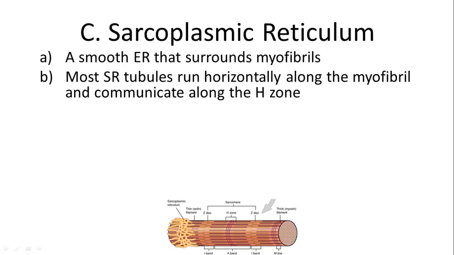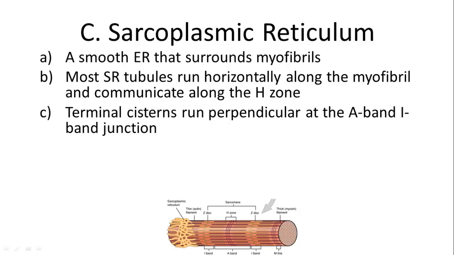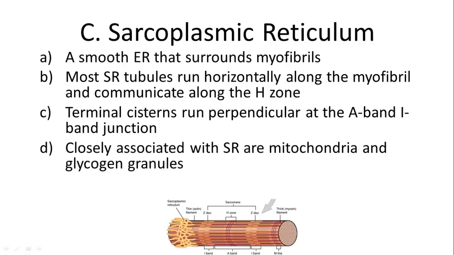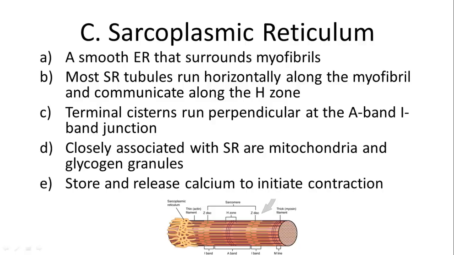But there are sections which are thickened, called the terminal cisterns, and they run perpendicular, so they are running up and down. See, there's a terminal cistern here, and here are the horizontal sections. Closely associated with the sarcoplasmic reticulum are mitochondria and glycogen granules, and those allow for energy to be available for the actin and myosin to contract. And again, its main function is to store and release calcium to initiate that contraction.